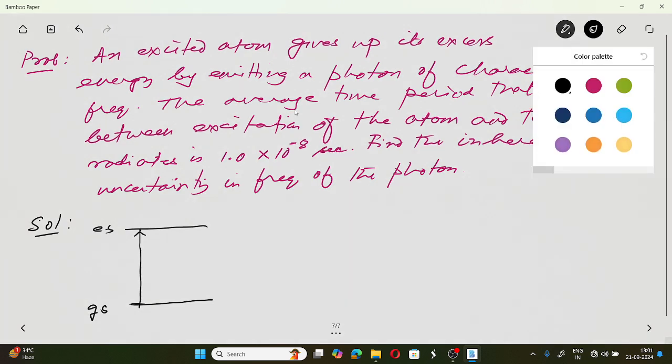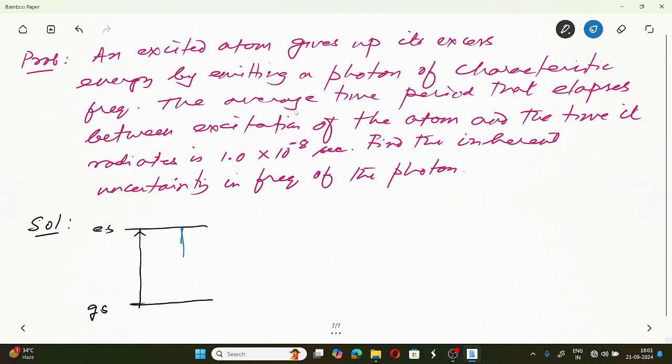That means this excited atom emits a photon of characteristic frequency. When will it emit a photon? When it comes back to the ground state. You know that E equals h nu, right? So this is the corresponding frequency.